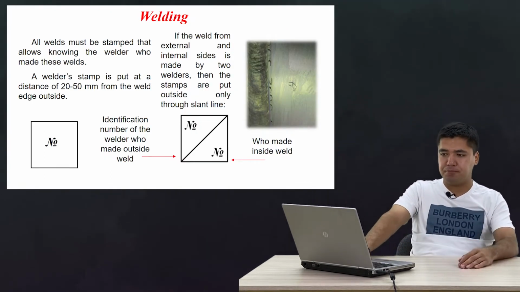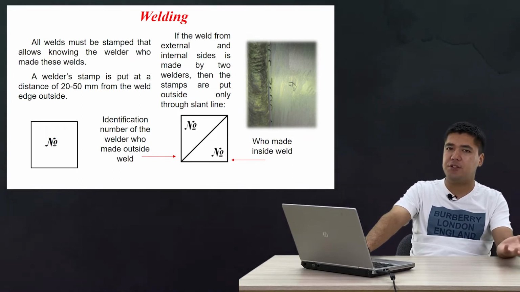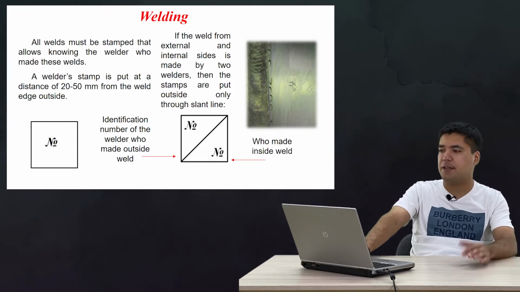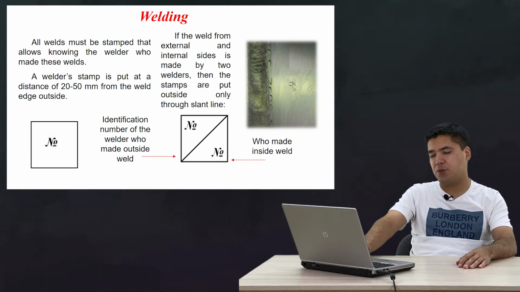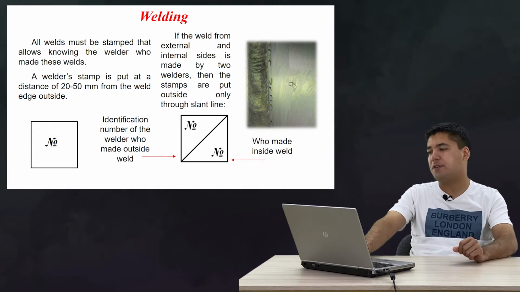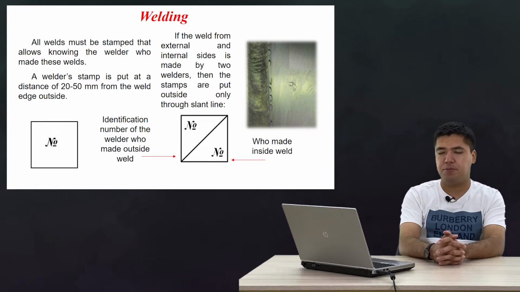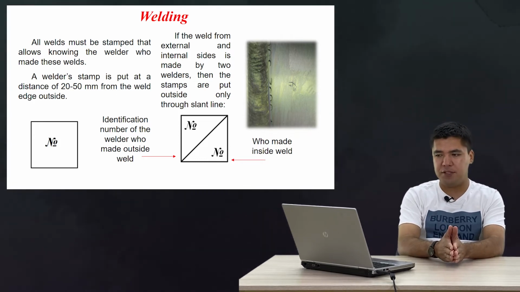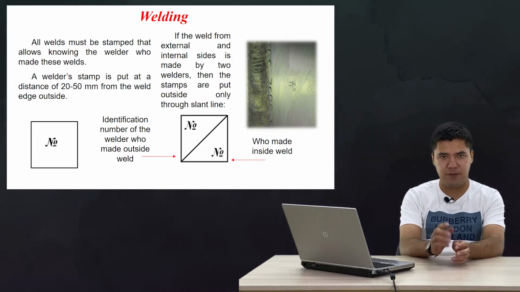And next, as I told you, there are stamps for the welders. You may ask me, what is the stamp, how does it look, and so on. If you look at the picture in the top right corner, there is a welding seam. Near the welding seam, you see the numbers 1 and 3, with 1 below the line over 3. What does it mean? These are two different stamps of two different people, because the welder stamp is put at a distance of 20 to 50 millimeters from the weld edge outside. That is the first requirement.